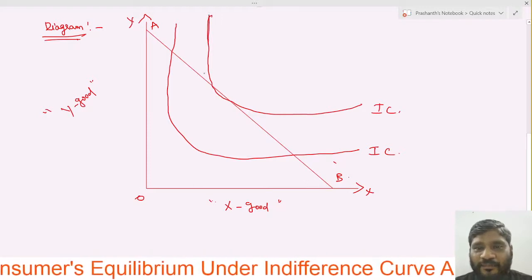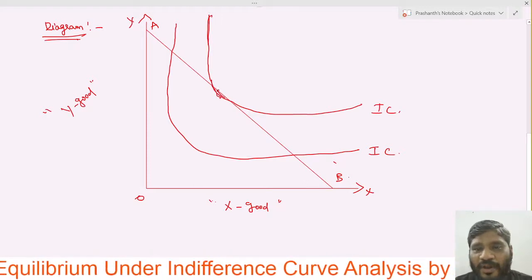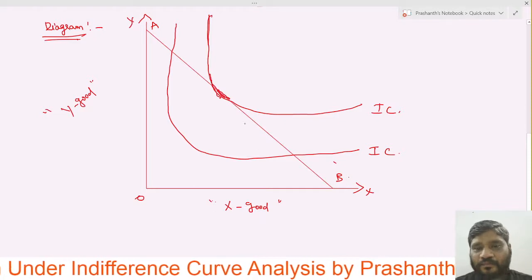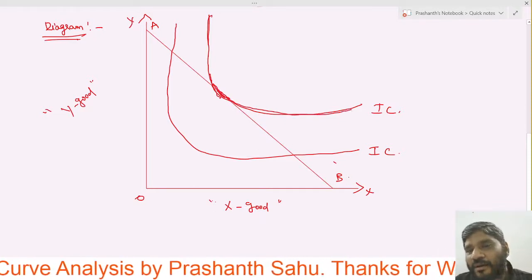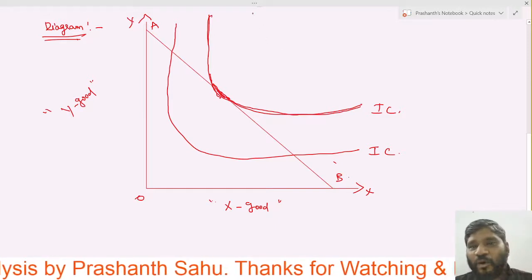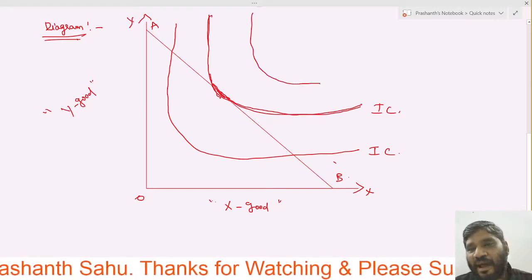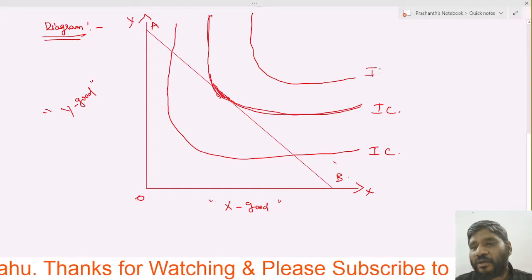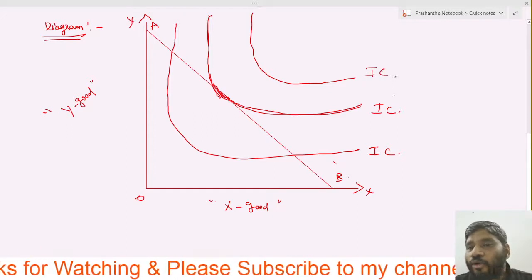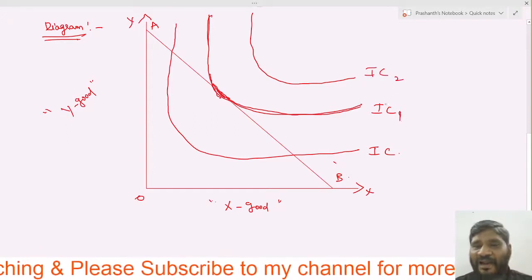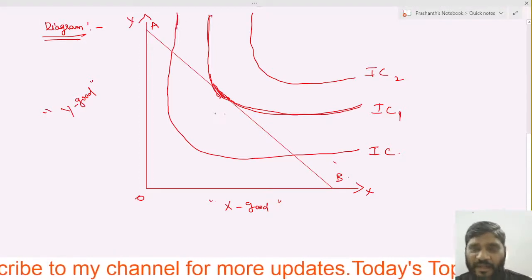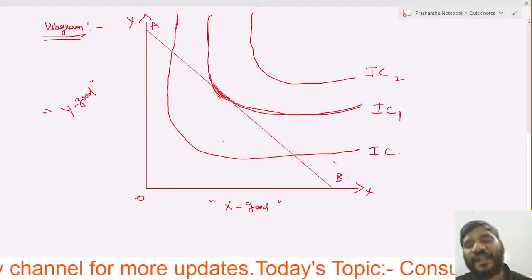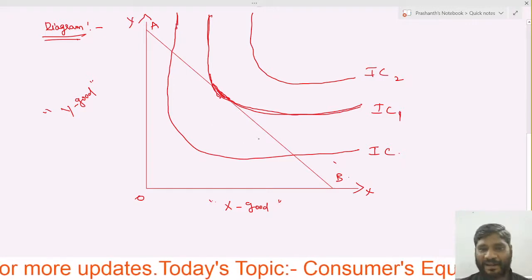Let me take it out somewhat clearly. Next, one more we will take out. This is IC1 and IC2. So we have taken three combinations of indifference curves.